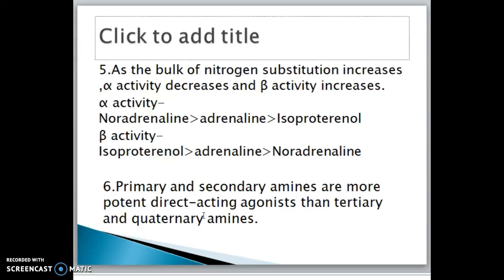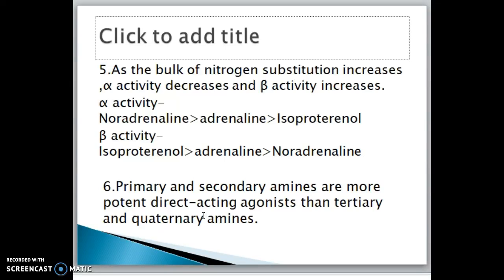Why? Because noradrenaline is a primary amine, NH2 is present; adrenaline is a methylamine, NHCH3; and in isoproterenol it is an isopropyl group. So clearly it indicates that when the alkyl substitution on the nitrogen is small, there is more alpha activity, and if the nitrogen is substituted with larger alkyl groups, there is less alpha activity.